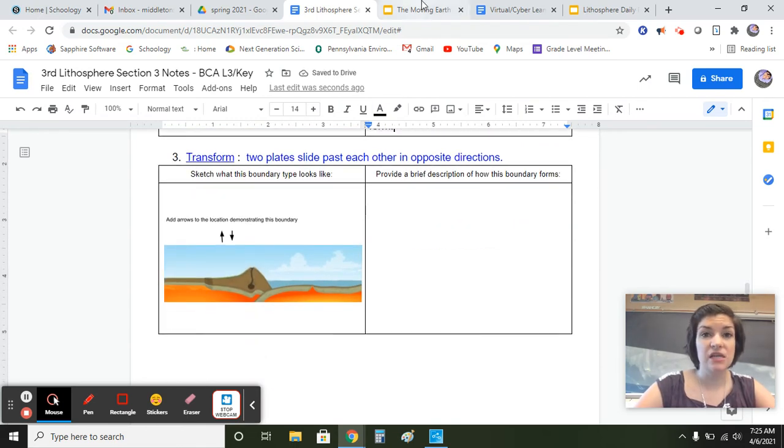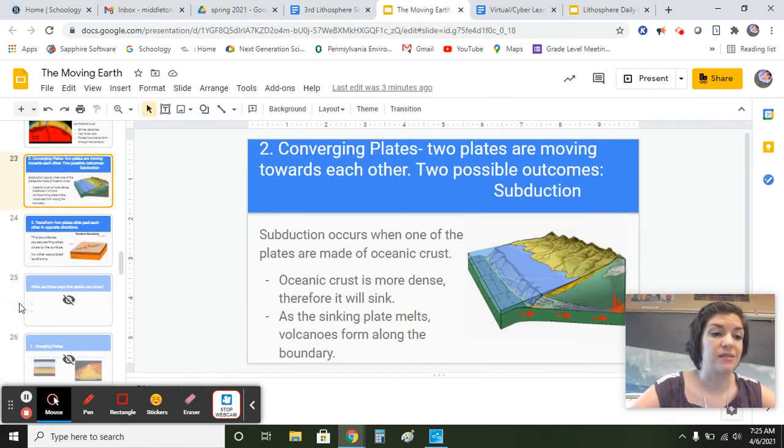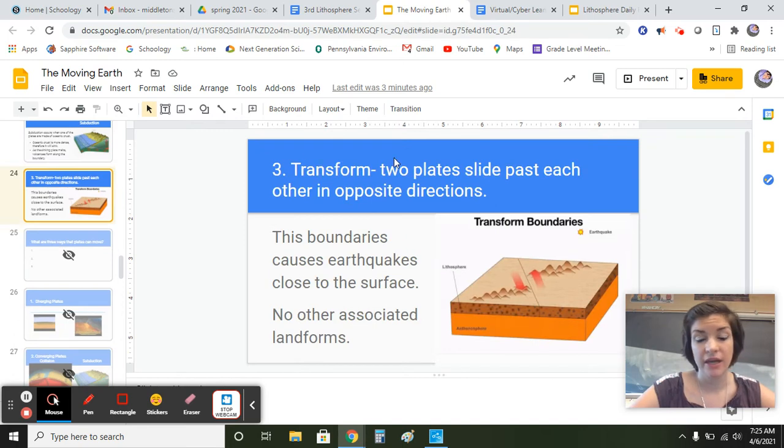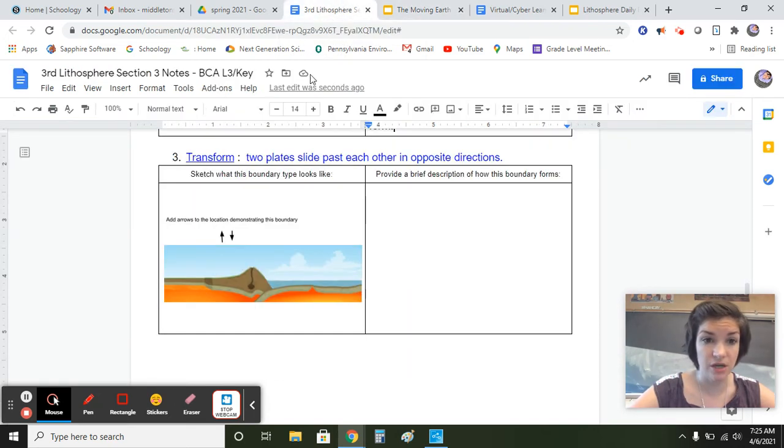And then the last type of boundary is pretty basic, pretty chill. It's transform. You're not going to have any mountains building. You're not going to have any new crust forming. You don't really have a lot going on except for, as this is showing, earthquakes, okay? Two plates slide past each other in opposite directions.